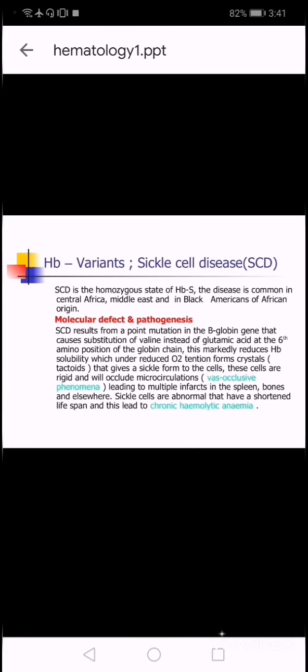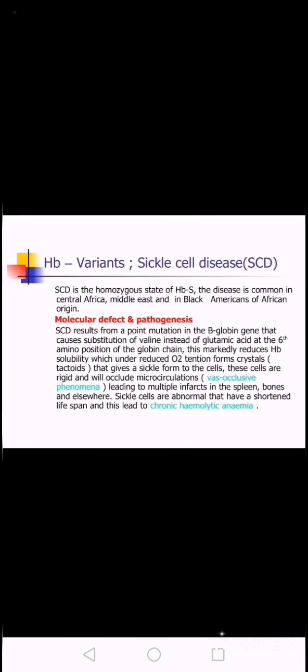Another disease is known as sickle cell disease. Sickle cell disease is the homozygous state of HbS. The disease is common in Central Africa, the Middle East, and in Black Americans of African origin. About the molecular defect and pathogenesis, sickle cell disease results from a point mutation in the beta globin chain.